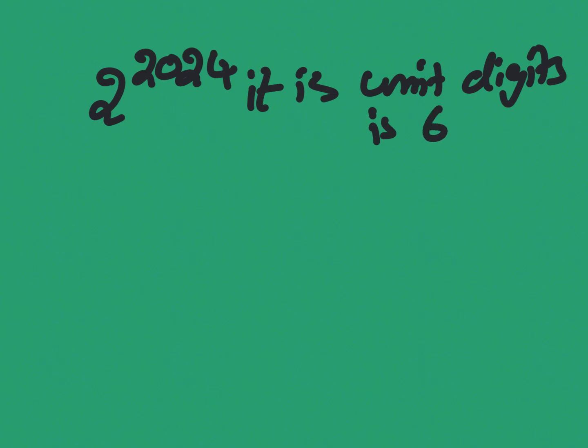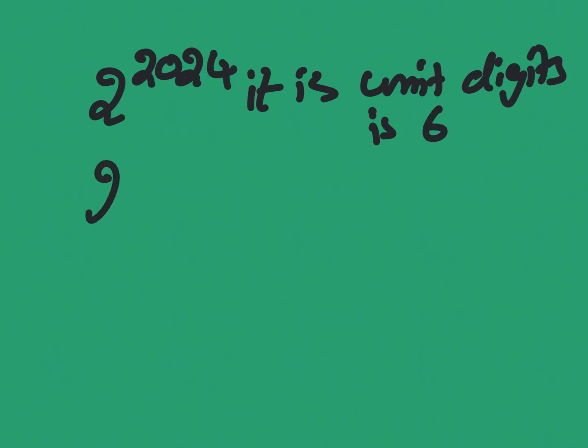In 2 power of which you will get the unit digit. So for example, the 2 power of 2024, it is now present here, its unit digit is 6.